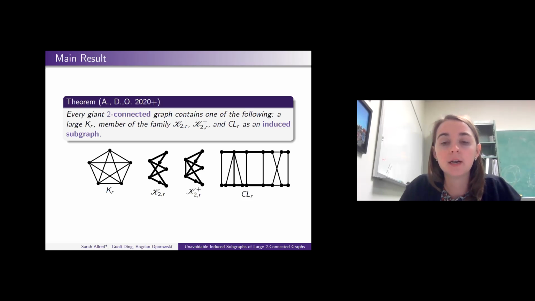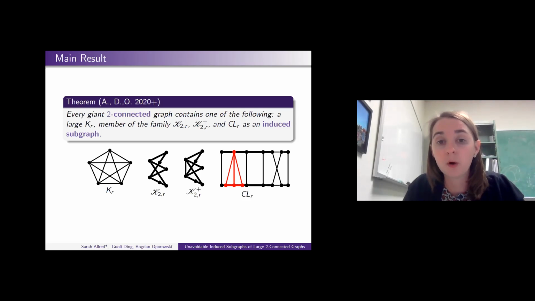The last structure is what we're calling a clean ladder. And here, if you're familiar with two-connected graphs, you may have been expecting a couple of families in our list. You may have been expecting a fan in the list, and notice that we have a fan here. So we have some vertex in red that has a bunch of rungs, and then on the bottom, we have the rail of the ladder, where we could have it be subdivided.